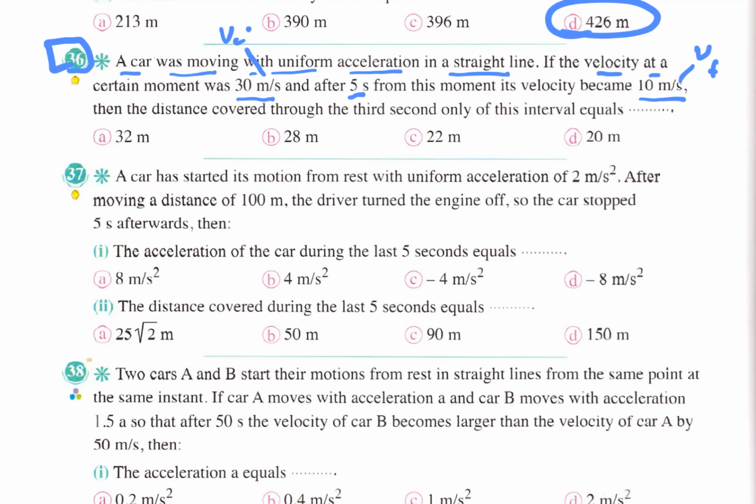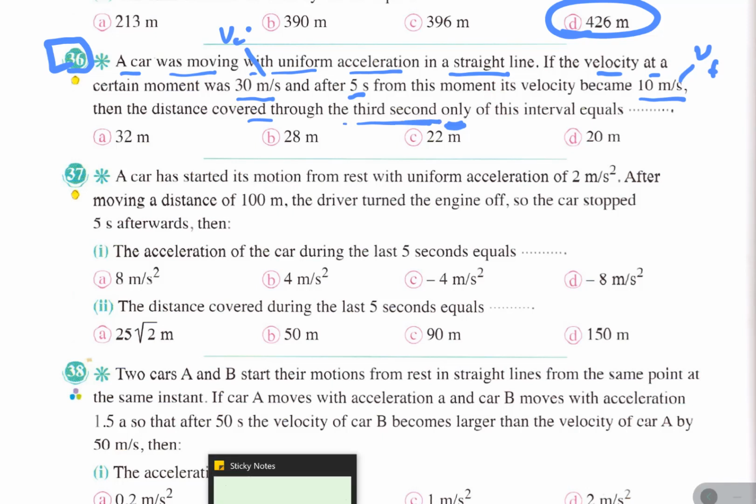Then the distance covered through the 3rd second only of this interval. Once we calculate the acceleration, we get the distance covered after 2 seconds and the distance covered after 3 seconds and get the difference. So we will know the distance covered through the 3rd second only.